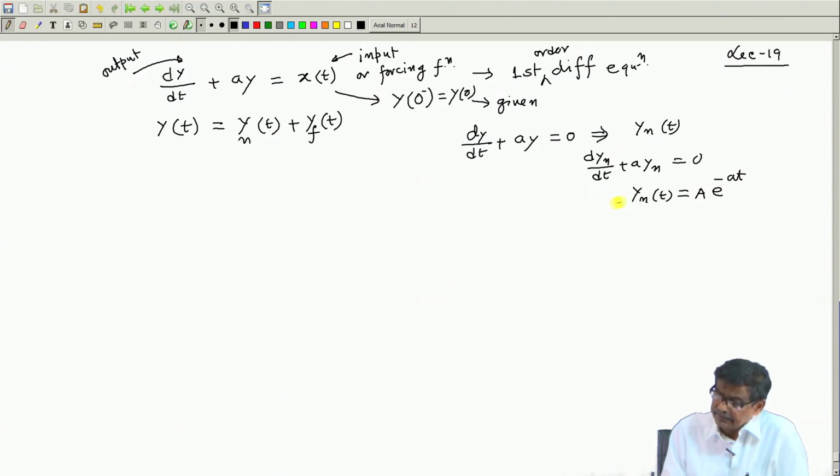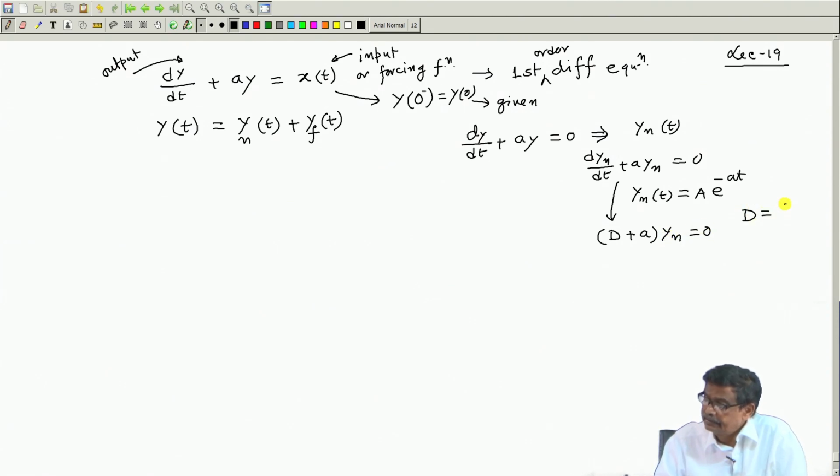Now, at this point I will tell you another important thing, that this equation can be written as (D plus a) y_n is equal to 0, where D is the operator d/dt.